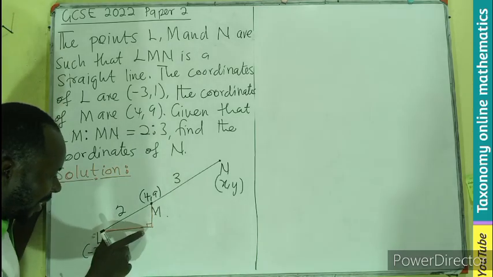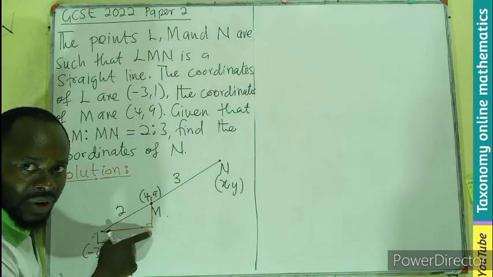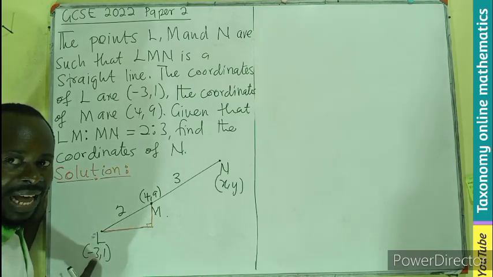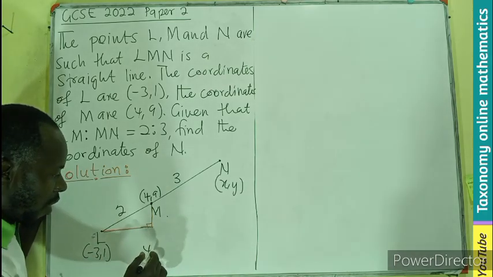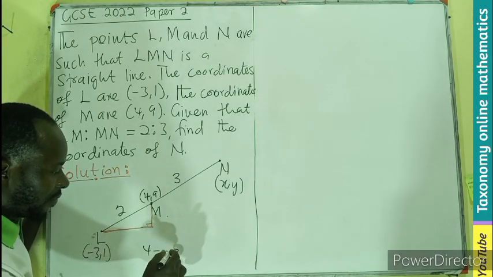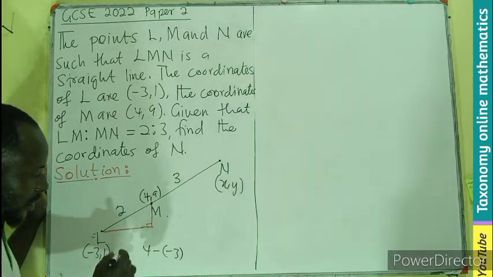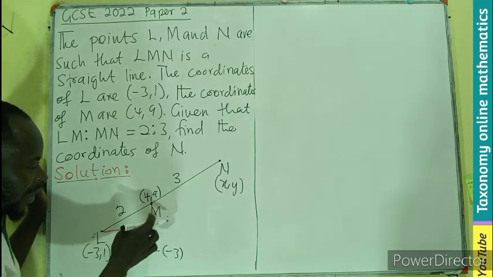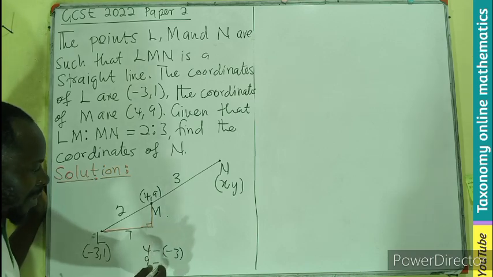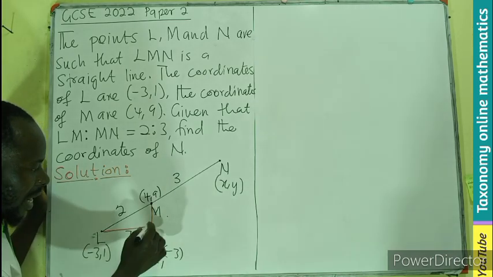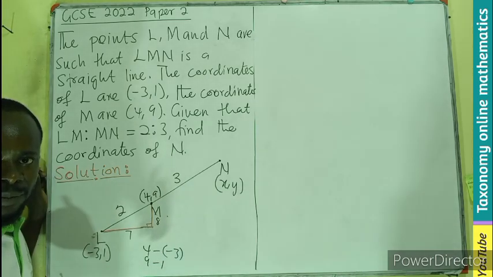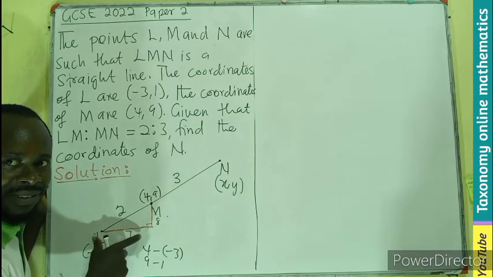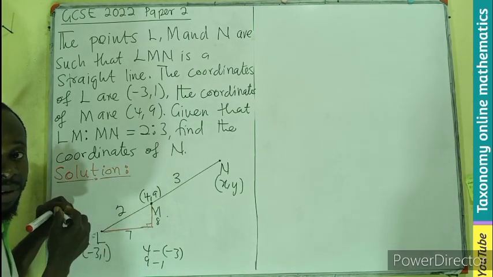We need to know the difference on the x-axis: 4 minus negative 3, and that will be 7. Then the difference on the y-axis will be 9 minus 1, which gives us 8. So the movement on the x-axis is 7, and on the y-axis is 8.